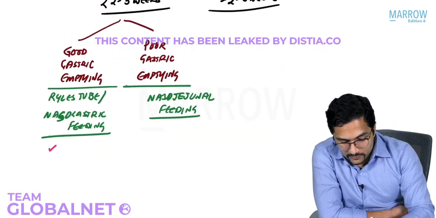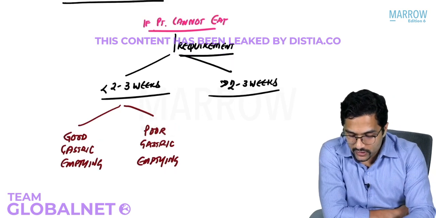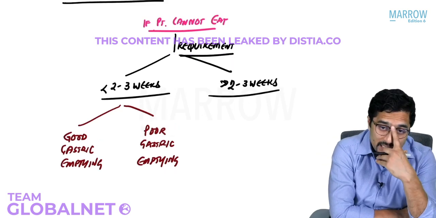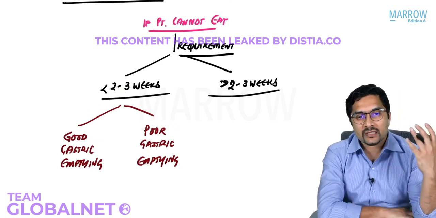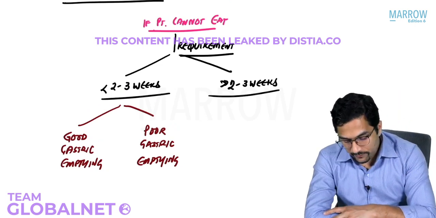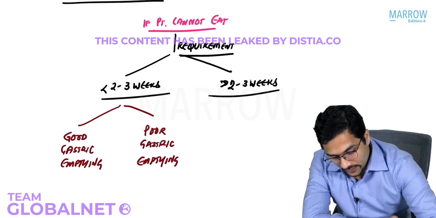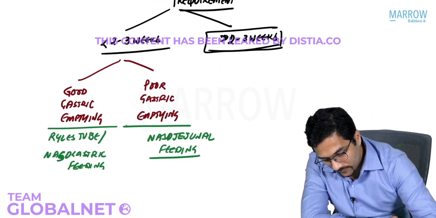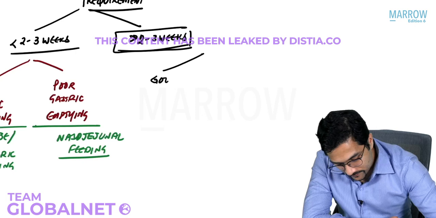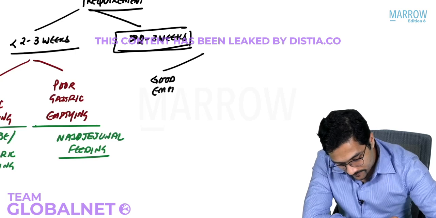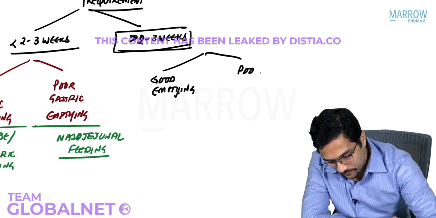Now, if the requirement is for more than 2 to 3 weeks, so that is what I told you, enteral nutrition, best is if the patient can eat. If the patient cannot eat, we see if the requirement is less than 2 to 3 weeks or more than 2 to 3 weeks. If it is more than 2 to 3 weeks, we will again see if there's good emptying or there's poor gastric emptying.